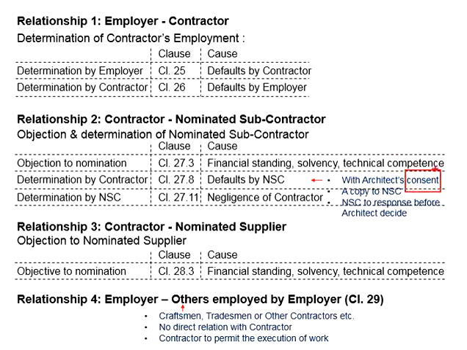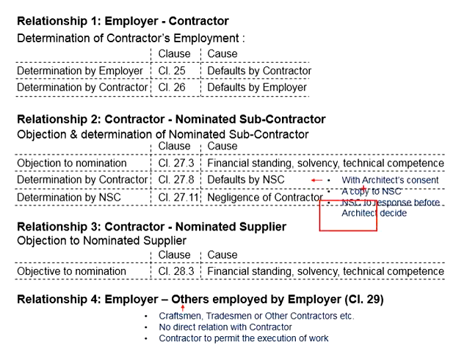This consent needs to be written as evidence that the architect agreed to remove this nominated subcontractor. There should be written notice to the architect and a copy sent to the nominated subcontractor to keep the nominated subcontractor informed. And the nominated subcontractor shall be given a chance to respond to the determination application by the contractor.